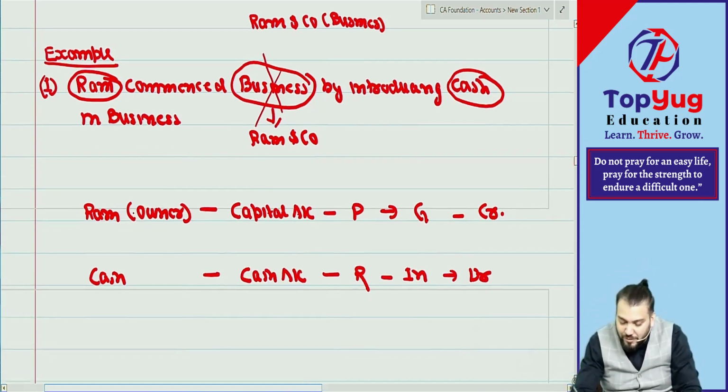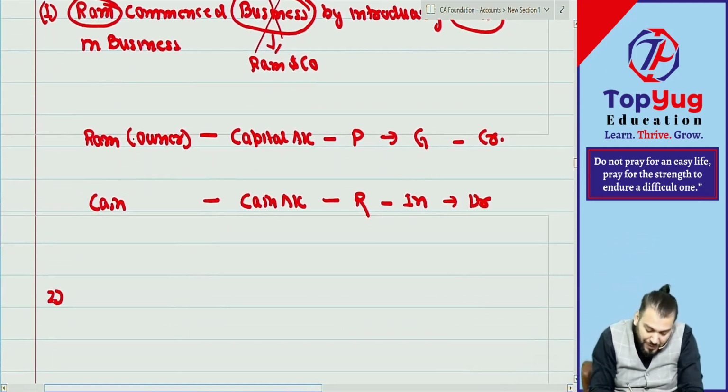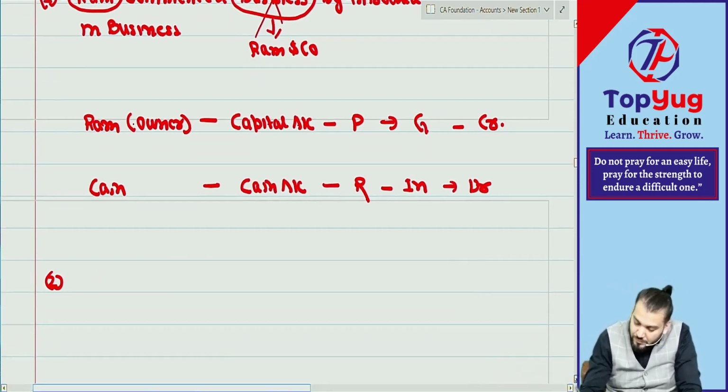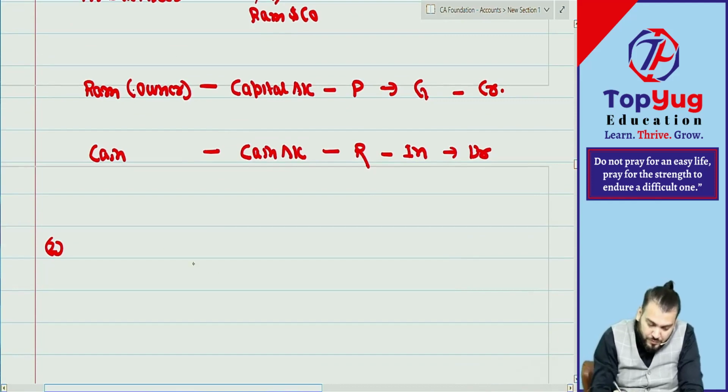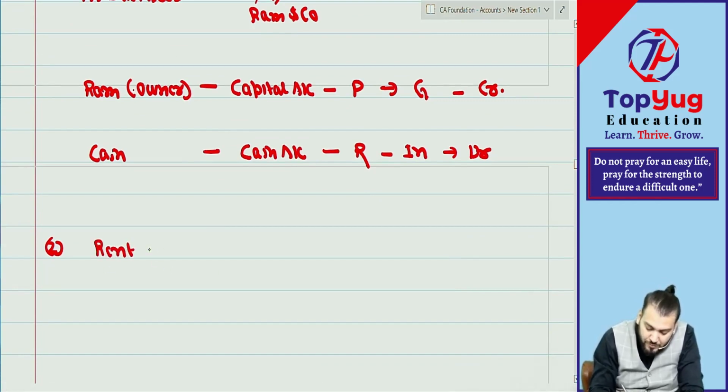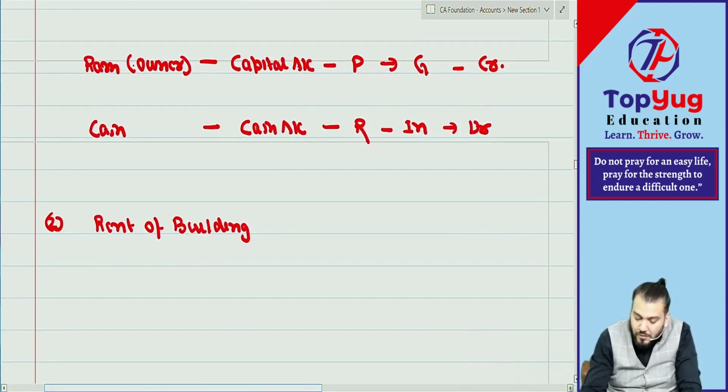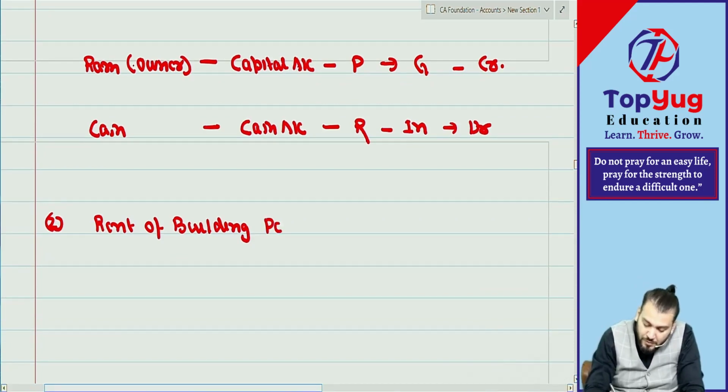One more example, point number 2. Rent of building paid in cash.